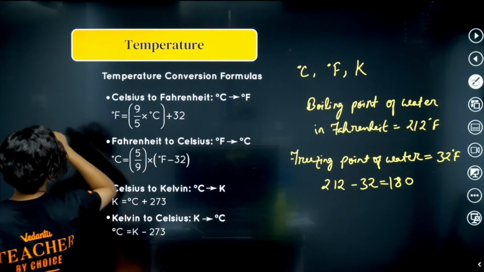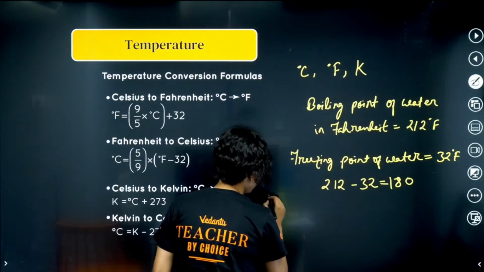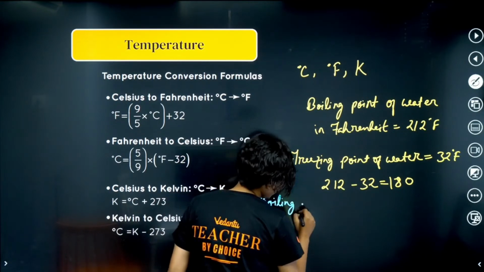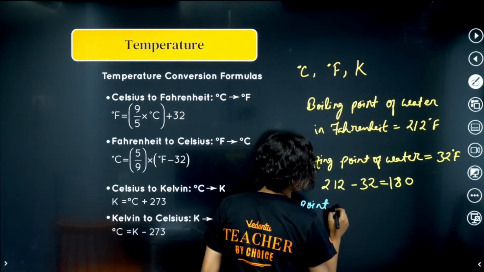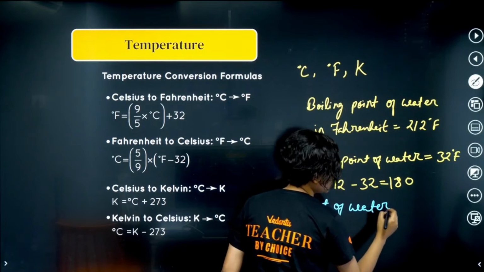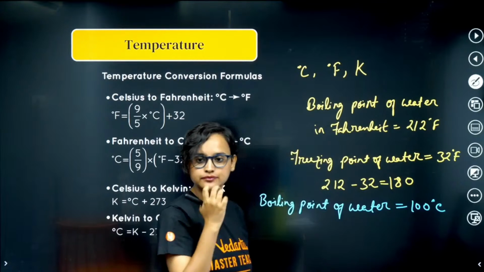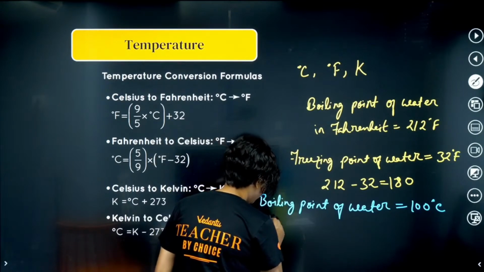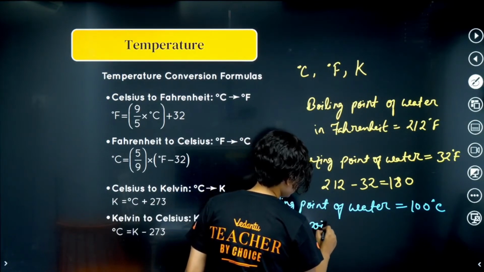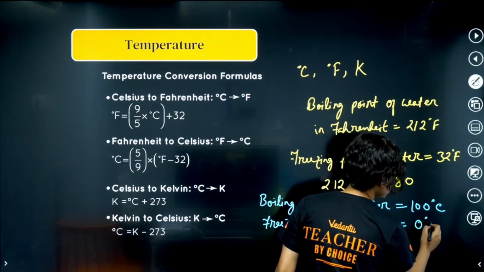Now if I do the same thing for degree Celsius, take a look at it. Boiling point of water is equal to 100 degrees Celsius, am I right? And freezing point is equal to 0 degrees Celsius.